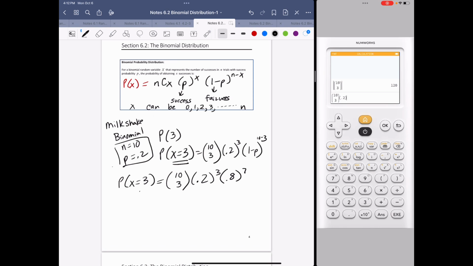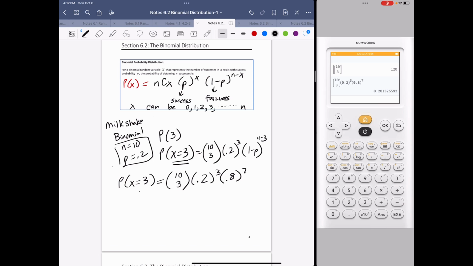Okay, that's right above your x squared button. 0.2 to the 3rd, cubed. And then I'm going to type 0.8. Hit that arrow to bring it back down from the exponent. And then hit that up arrow again, 7. And push your arrow to bring it back down. And I'm going to push enter.